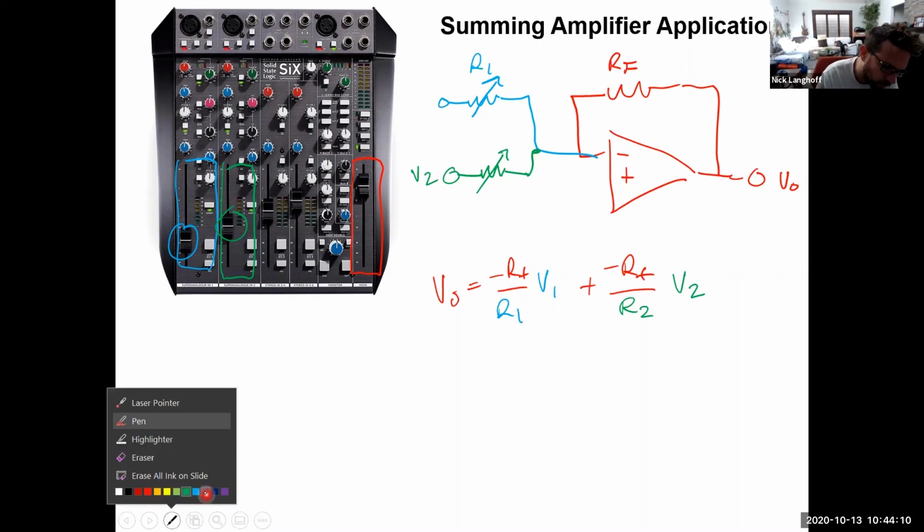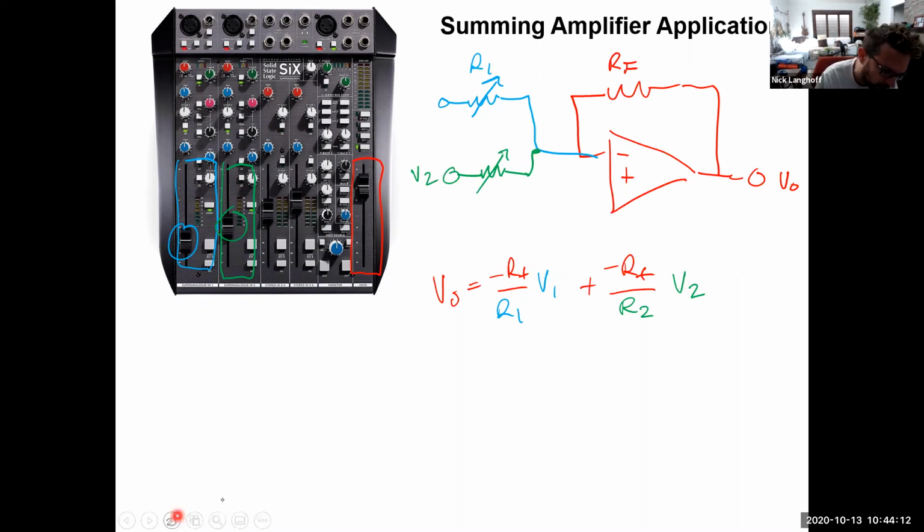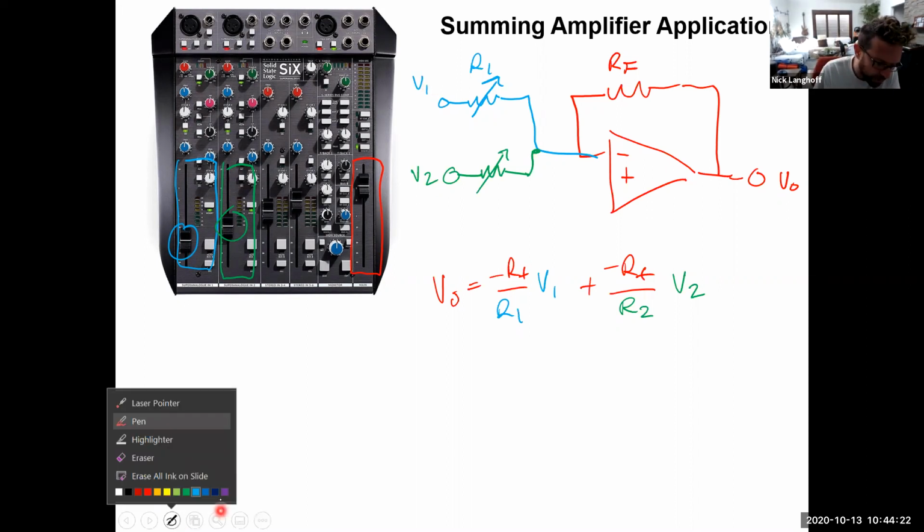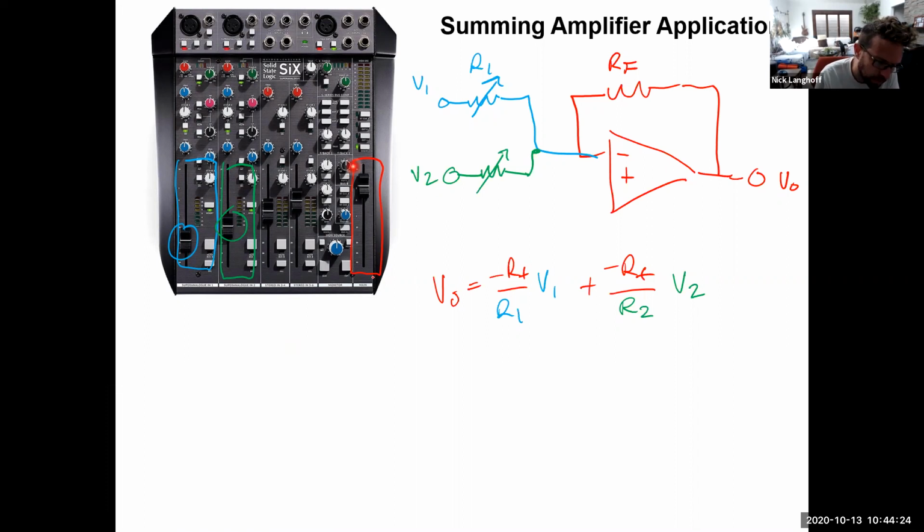Let's say V2 was another signal, maybe the tambourine or a hi-hat. Those two things go to the output stage, shown here in this fader. That's RF, and then this is grounded. So that's the way in which that works.